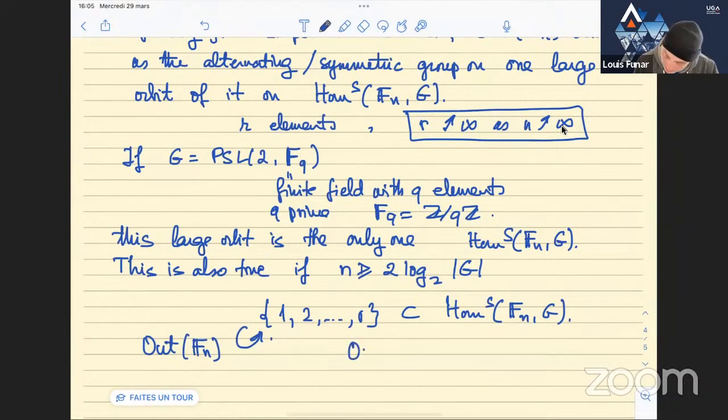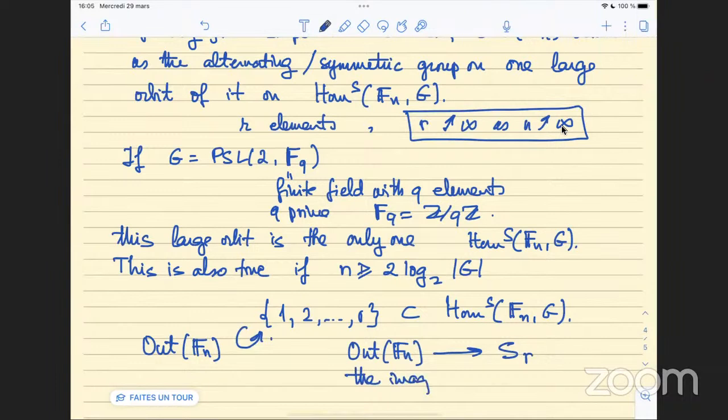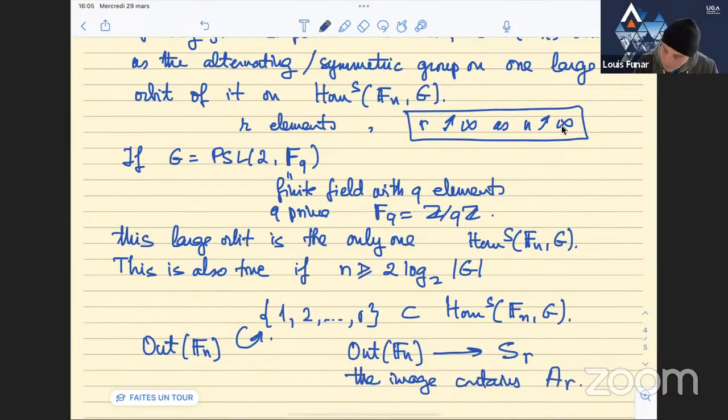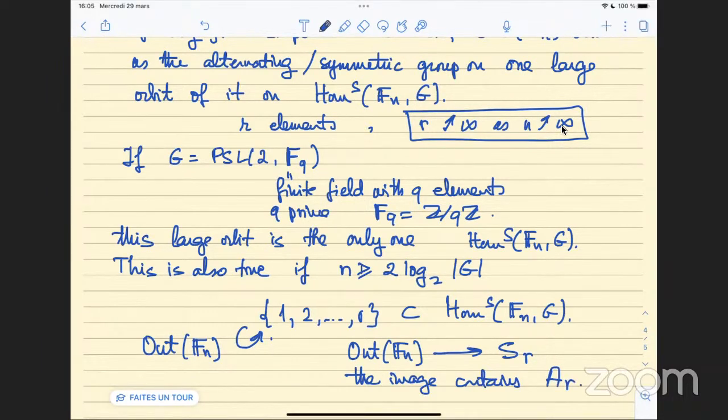So that means Out Fn is sent into the symmetric group on R elements, right? Well, the image contains the alternating group AR.